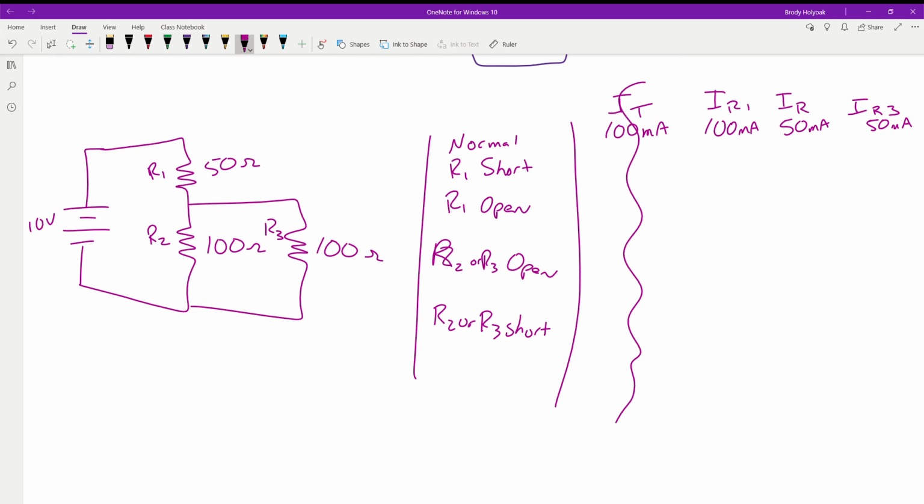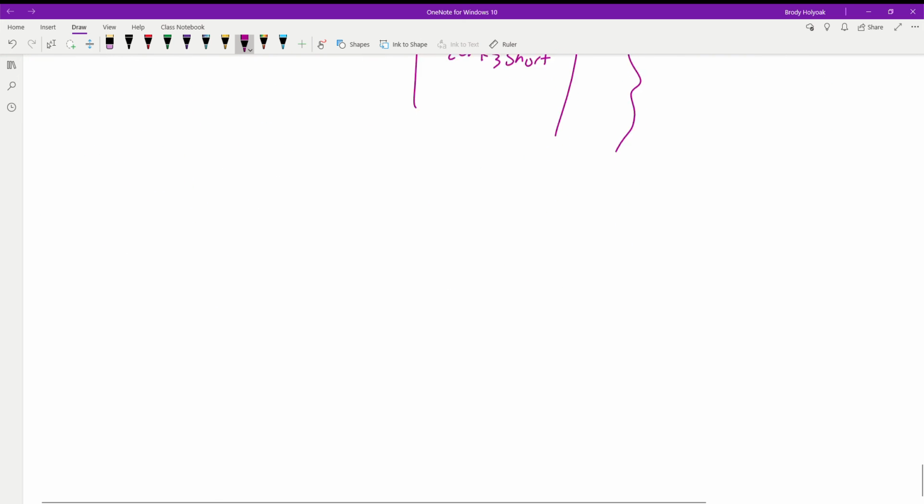How much total resistance have we got? We've got 50 ohms and 10 volts. How would we measure current through R1? We'd put our current meter right there. So we'd see 200 milliamps, because R1 is shorted out. Now we're missing that 50 ohms of resistance.